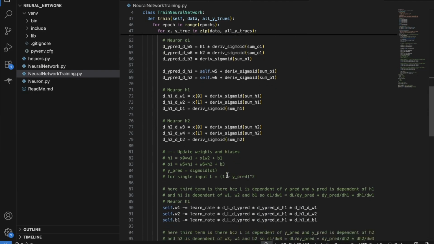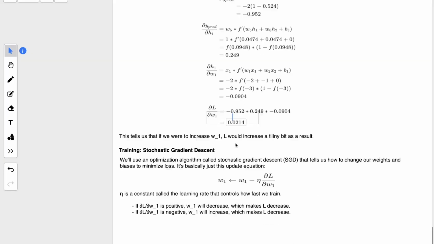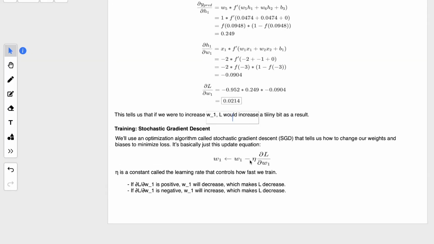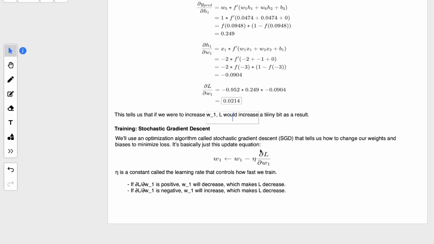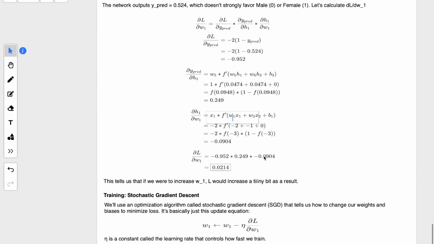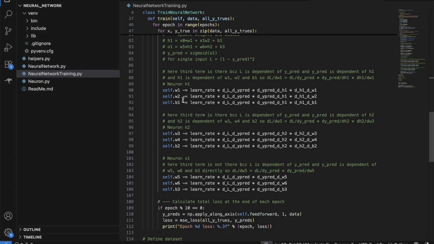After doing all the calculations, we know we have to do this operation, where we update our weights and biases based on our learning rate and the loss derivative based on an input. So we know for w1, delta L by delta w1 means these three terms multiplied together: delta L by delta y pred, delta y pred by delta h1, and delta h1 by delta w1, which we have calculated independently here.